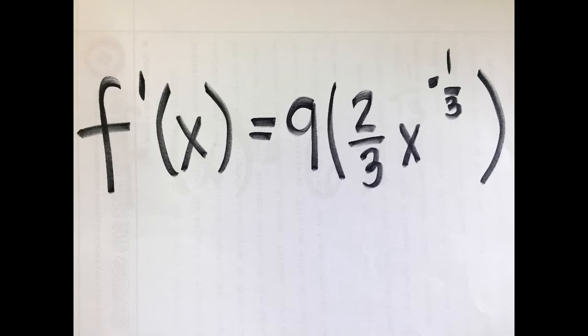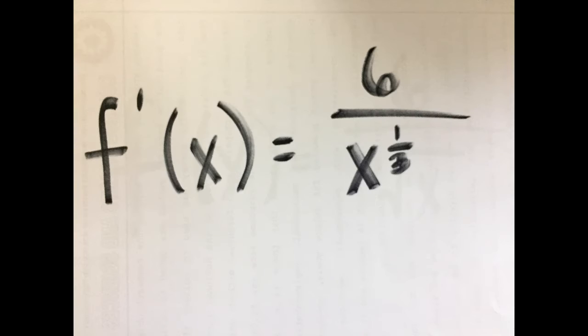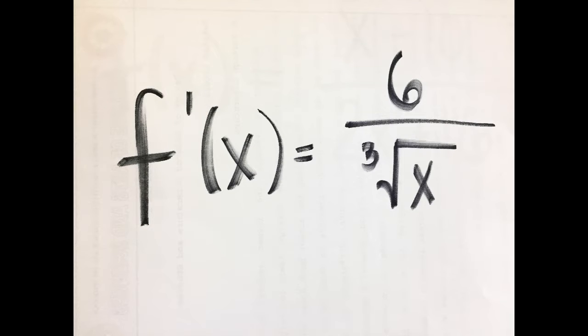Then, we multiply the constant 9 with 2 over 3 x raised to negative 1 over 3. It will give us the answer 6x raised to negative 1 over 3, or 6 over x raised to 1 over 3, or 6 over cube root of x.